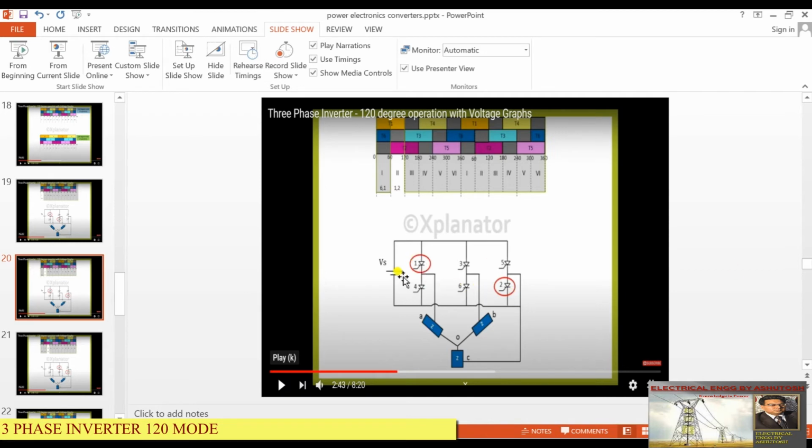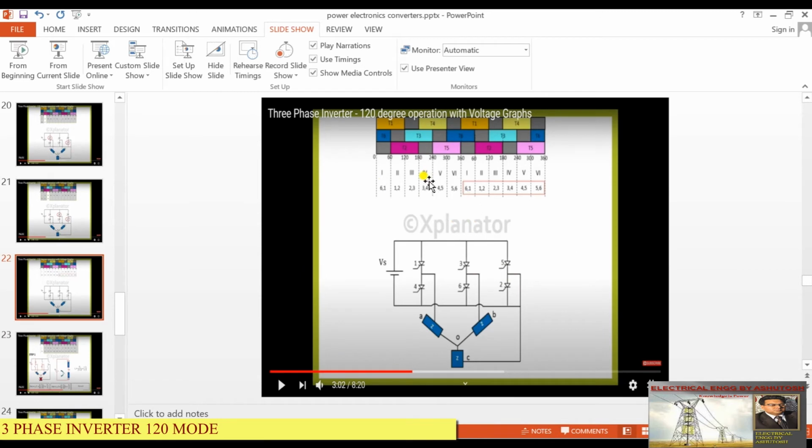So this will be the circuit diagram for when the first and second are conducting. Then for the third phase, from 120 to 180 degrees, here number second and third. This is the second IGBT and this is the third IGBT, both are conducting.